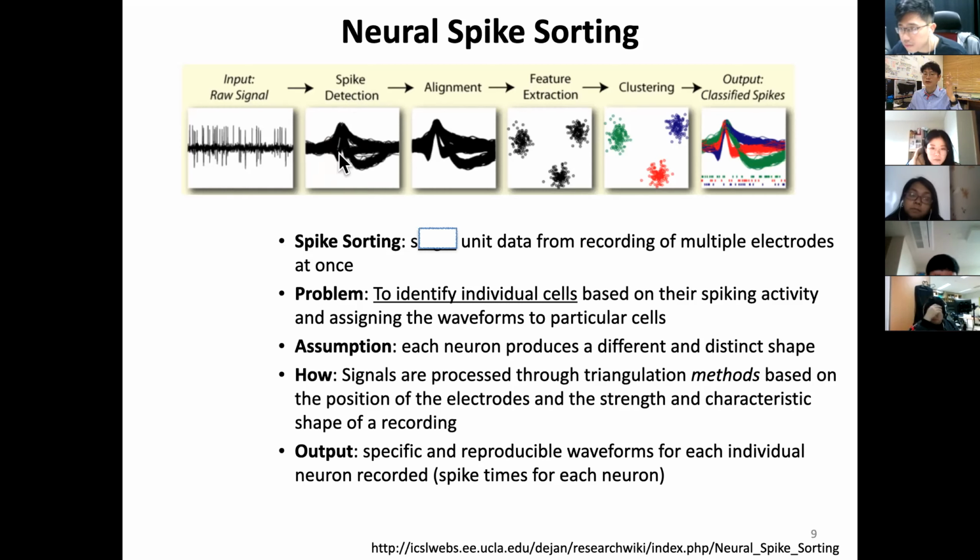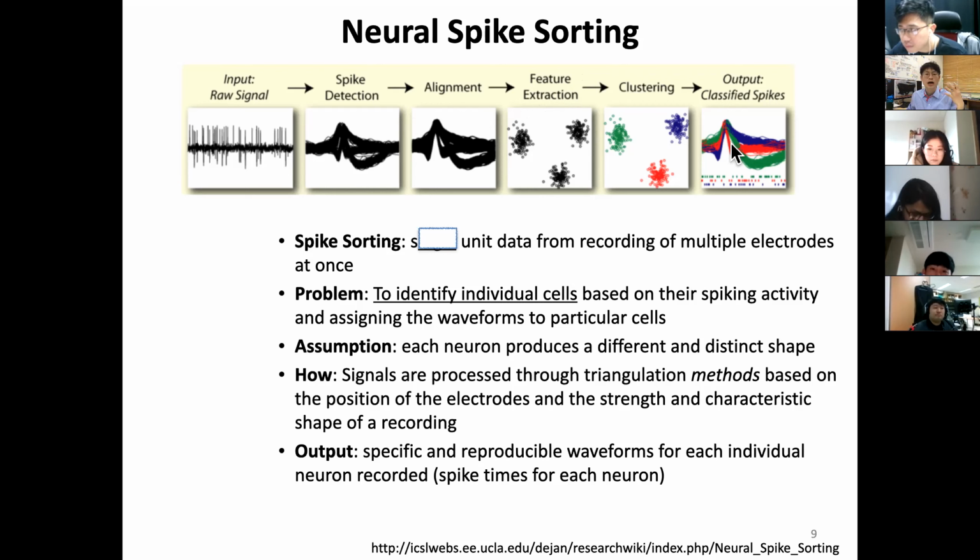And first, with the time, you have to align them nicely. And then from here, you need to extract the features. Then you can actually see there are 3 different basic shapes. So the features can be extracted, and the different classified groups can be regarded as different neurons, and you can color them and then replot them.